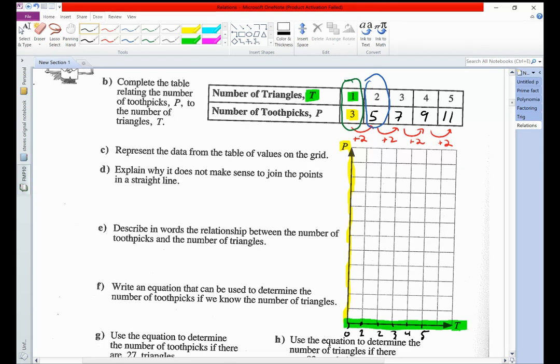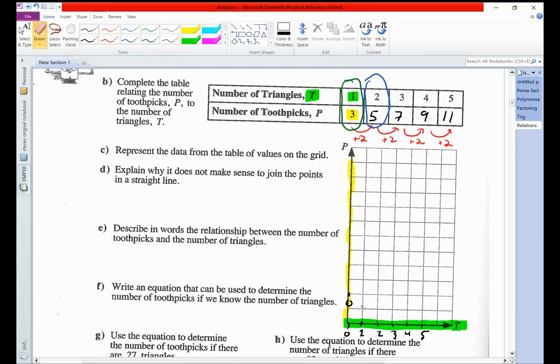When we label these axes, we have to have consistent scale. I couldn't say, for example, this one is 0, this one is 1, that one's 2, that's 10, this one is 1,000,000, and this one's 1,000,001. You have to have consistent scale. It has to go up by the same amount every time.